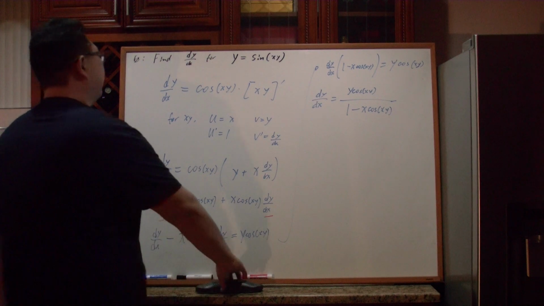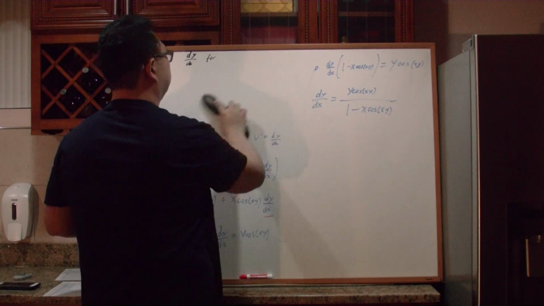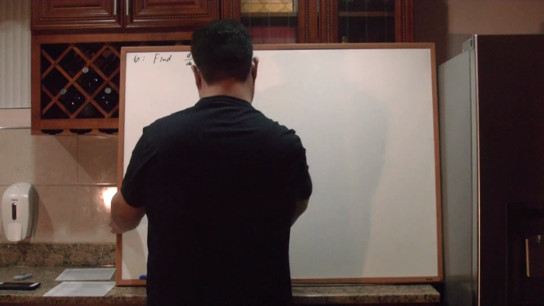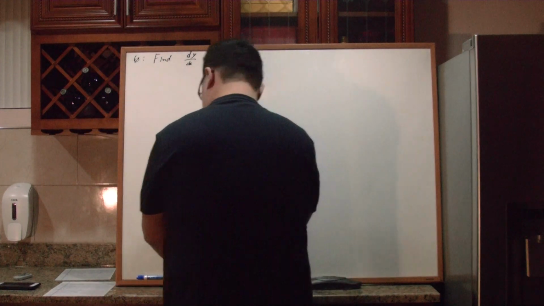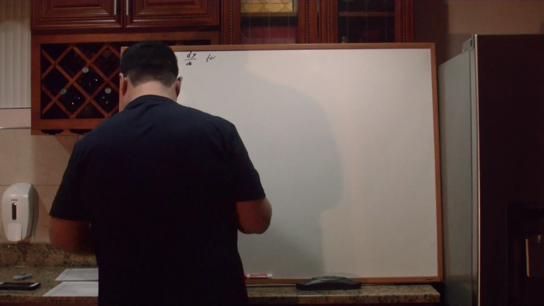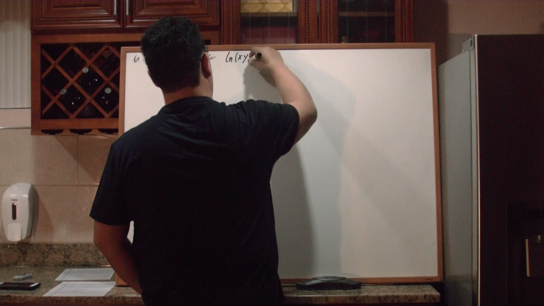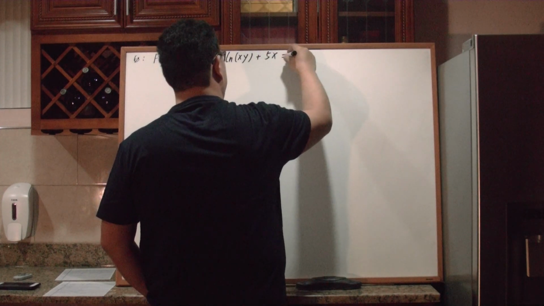Right. Then let's see the next one. ln xy plus 5x equals 30.